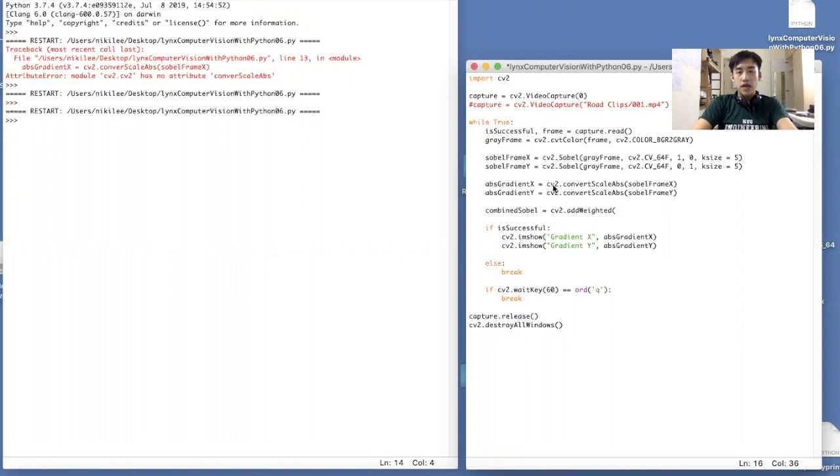We take in both gradients, so the first argument will be the x gradient frame. The second argument is the weight of the first frame, so it's 0.5 to mean 50%. Then we'll do the same for the y-axis and do a 0.5 too, and 0 for the last argument. So here, let's take combine Sobel.